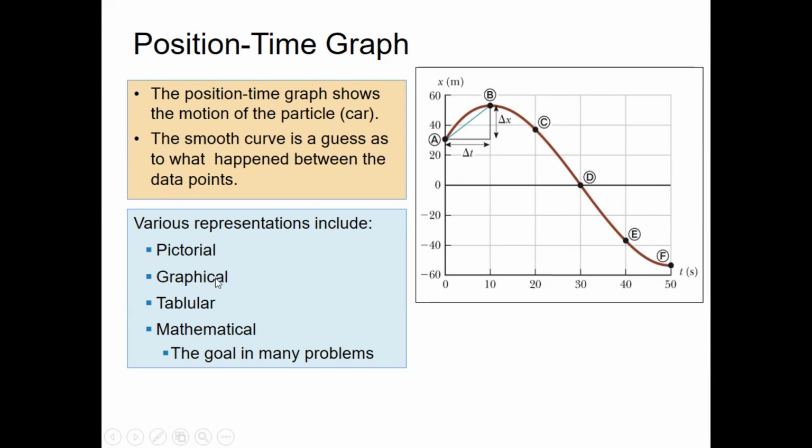And the other is a graphical representation in which the graph is shown here, or the tabular form in which the distances and the time is shown, or some mathematical formula is derived. And the goal in many problems is to figure out what are the next predictable things that will happen to this kind of object.